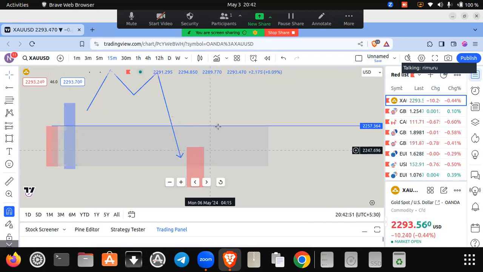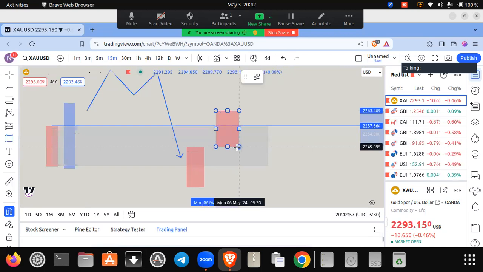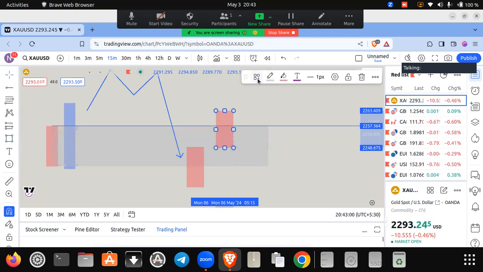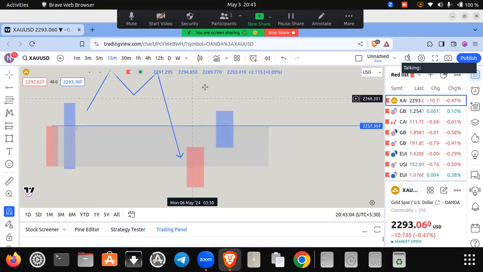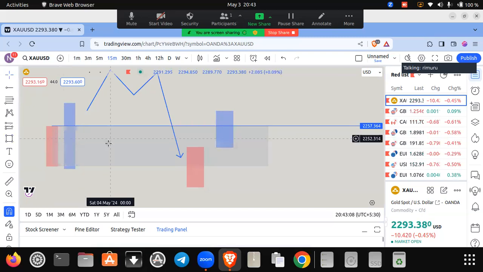If it closes above it, it becomes invalid. Now we can see that this blue candle has broken above the zone. So now it has become hidden engulfing buy. This zone will be used as a buy setup.